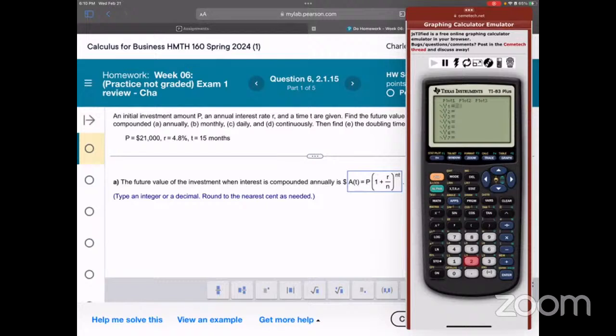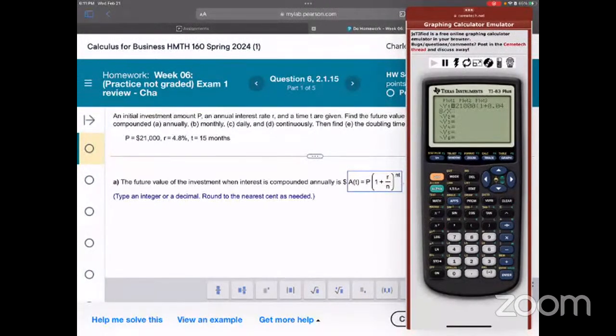21,000, parentheses, 1 plus 0.048. Now division is M. Our compounding is our variable, so we're going to make that X. R over N. Okay, I think we're okay there.